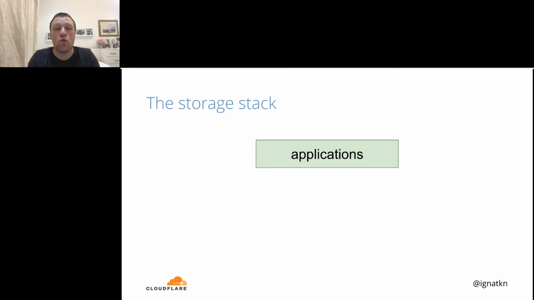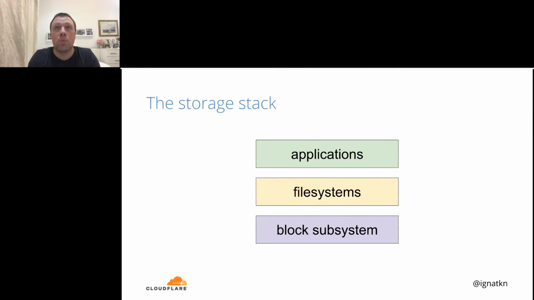Applications usually read and write data in files, so they communicate with the file system. The file system translates these files into blocks, because the underlying storage is usually some kind of block storage, and block storage can only store and retrieve data in blocks.